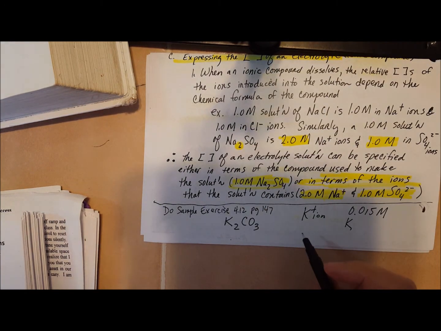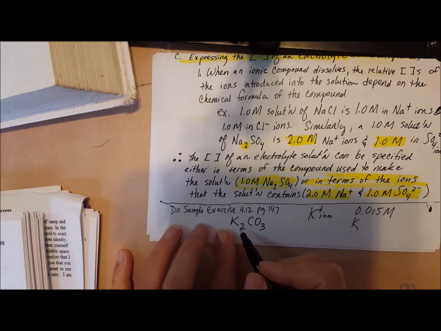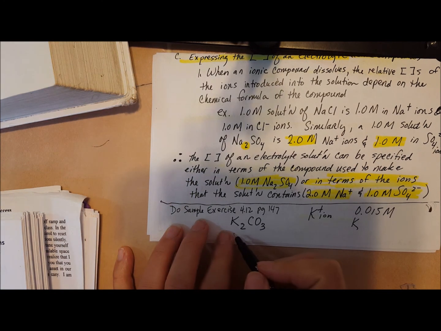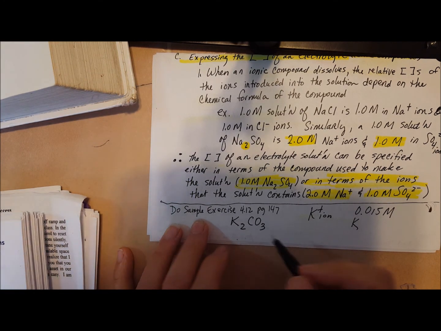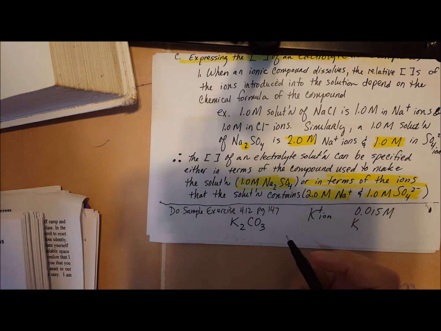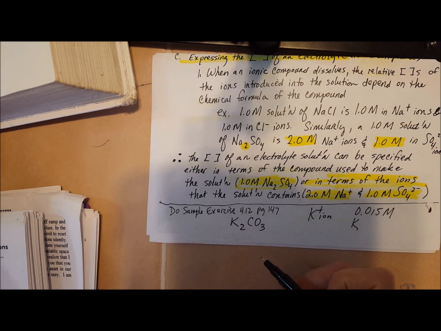Okay, so that means that the formula is K2CO3, and the concentration of the potassium ion is twice that of the carbonate.